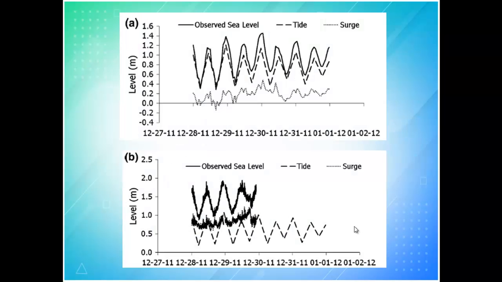Okay, now this is the surge graph. For 3 locations we are showing here, in terms of meter. So what is the surge level? This dotted line we say is surge.